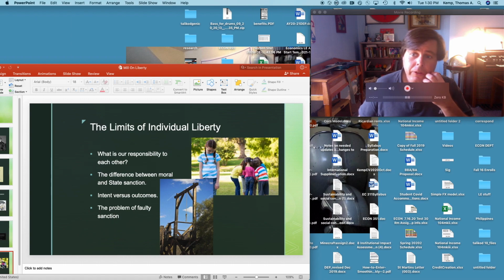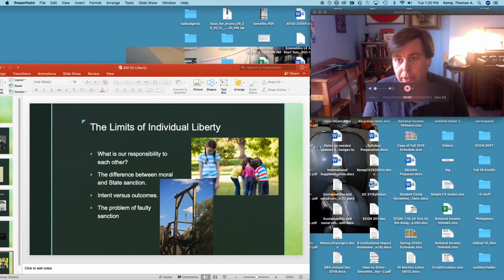However, even in this, Mill cautions that we should always take every degree to safeguard against the problem of faulty sanction, whether they be moral or state. Indeed, Mill talks about the likelihood of faultiness in these sanctions because of the relationship of moral sanction and state sanction. Different, of course, right? But one to the other.